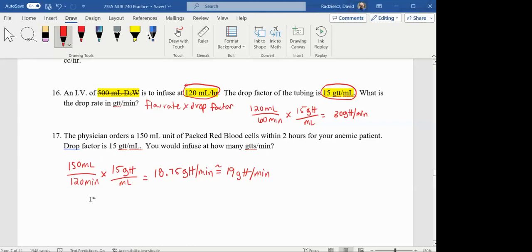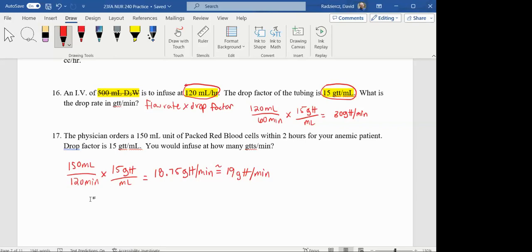If you got anything with a decimal, that's your cue that it's wrong, because you can't give somebody a partial drop. It's whole or nothing. Now, what's really going to be annoying is if you've done any work with drop rates in an actual clinical setting, you may only be able to set the pump to 20 or 25, and that would be the determining factor of what your actual setting is.